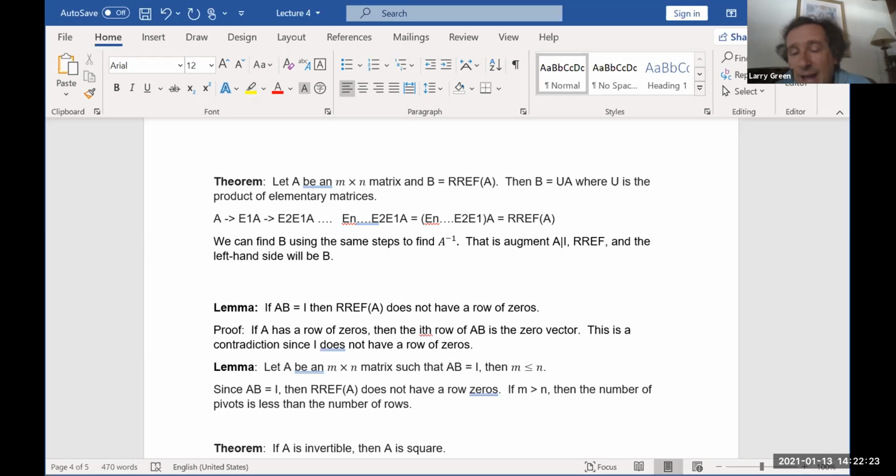So what do you know about the last row of our RREF? The pivots go in order, right? But if you run out, then what must the last row be? Zeros. Yeah, a row without pivots. A row of RREF of A without a pivot must be a row of zeros.